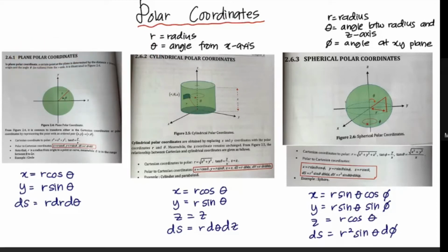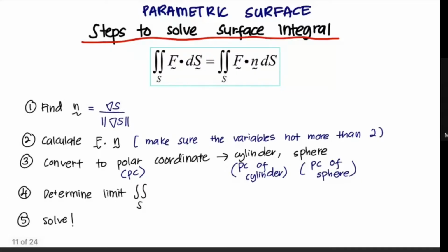And this one is polar coordinates for cylinder. And this one is polar coordinates for sphere. In step number 3, you change from x, y, and z to polar coordinates in the form of r, theta, or phi.